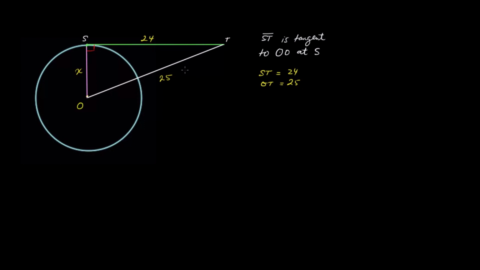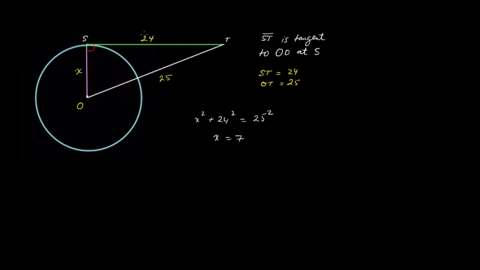Now, this is a pretty easy question because as you can see, this is a right triangle, and if you wanted to do the whole Pythagorean theorem thing, you can do a squared plus b squared equals c squared, so x squared plus 24 squared is equal to 25 squared, and then you'll find that x is going to be 7 when you solve for this. But you have to recognize this as a Pythagorean triplet.